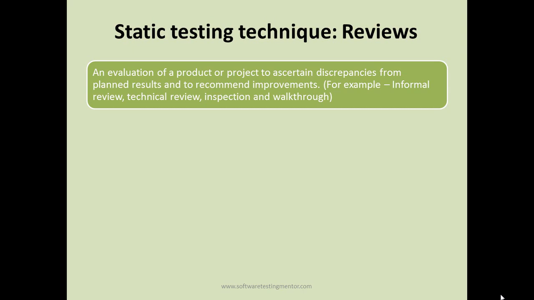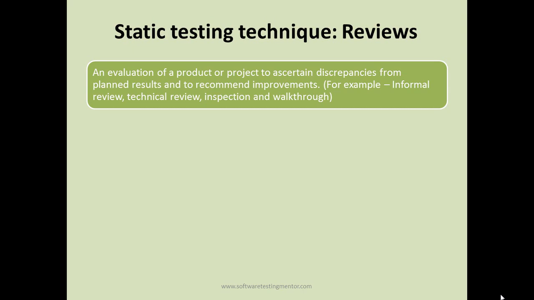The main purpose of review is to evaluate any sort of document or software artifact, like the requirements or the design document. You review them and try to find any sort of discrepancy, and if there is any discrepancy, you recommend improvements. Types of reviews can be informal review, technical review, inspection, and walkthrough.